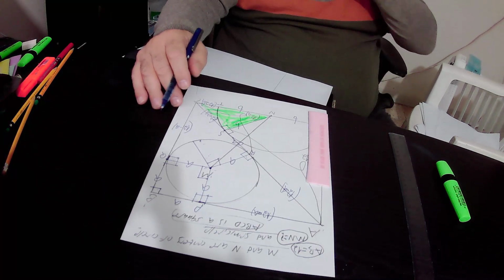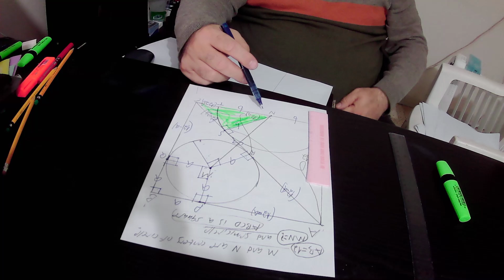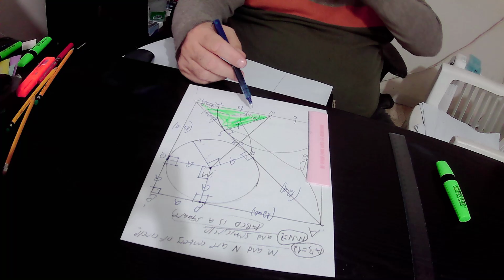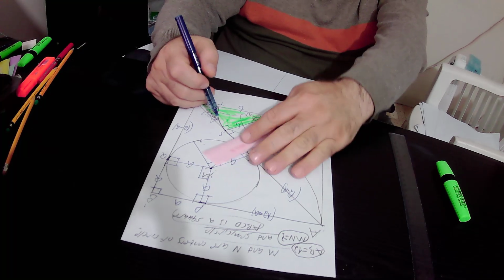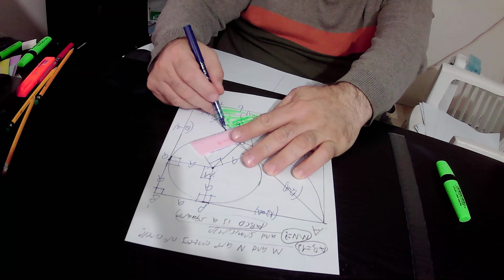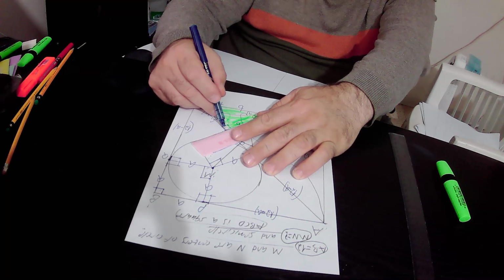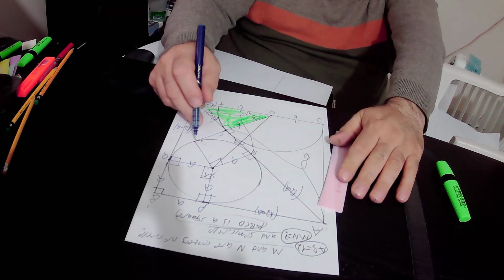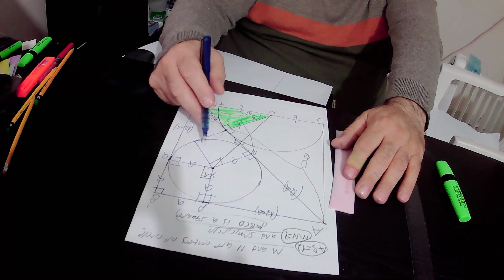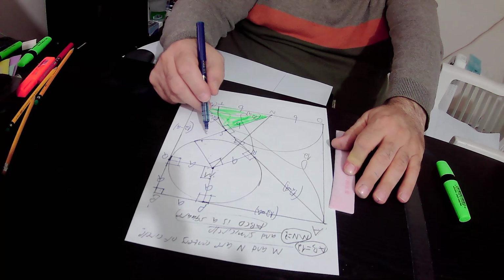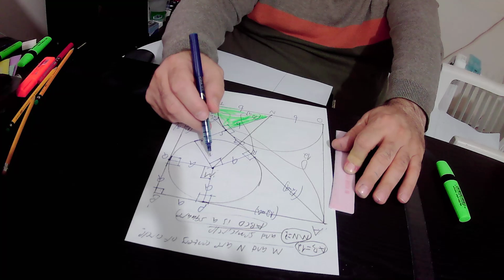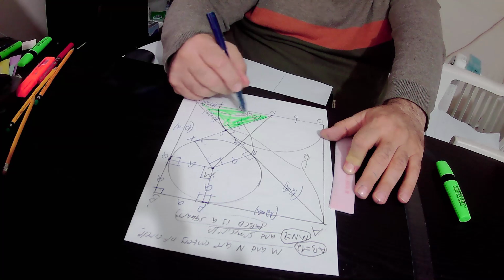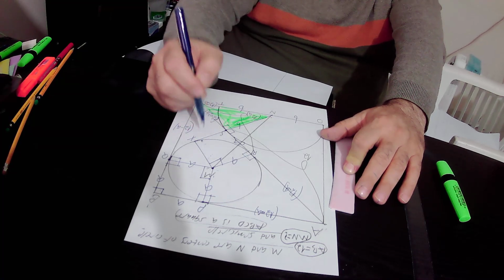And we will extend the radius NS by a straight line until it intersects with the perpendicular from point M, and we will define the intersection point of the extended NS and the perpendicular from point M as point X. Point X is the intersection point between the extended NS and the perpendicular from point M.